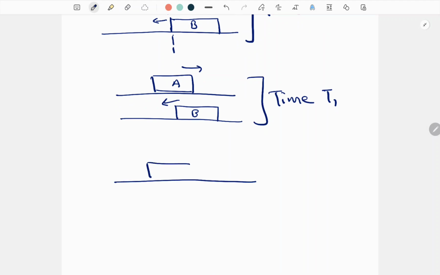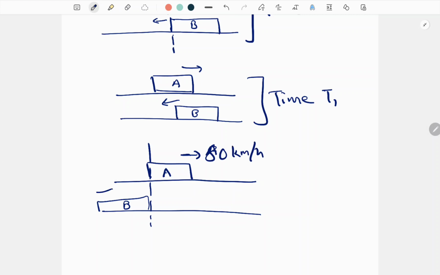Finally there will be a time when train A and train B have completely crossed each other. So their tails are at the same point along the track. Train A is still moving towards the east at 80 kilometers per hour, and train B is moving to the west at 100 kilometers per hour. So that's the final situation. Let's call it time t2.